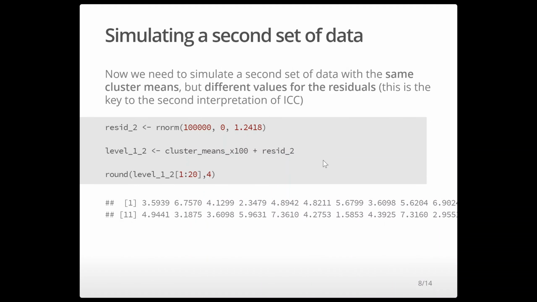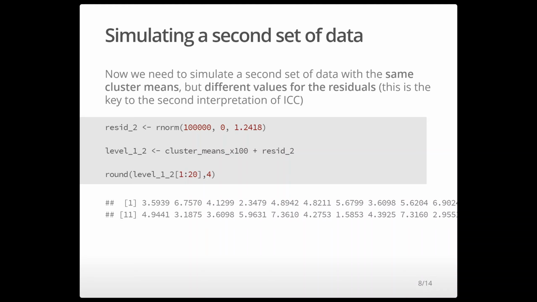Now we're going to simulate a second set of data. The key is that this data is going to come from a sample that has the same cluster means, but different values for the residuals. So the actual observations are going to be different, but the cluster means are going to be the same.